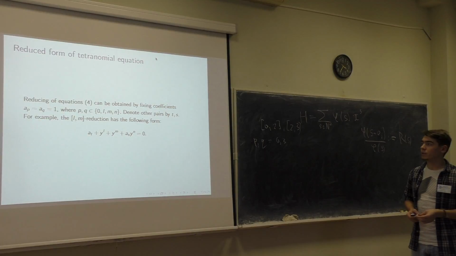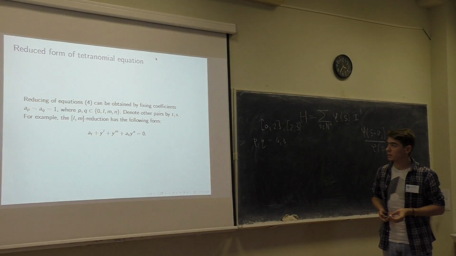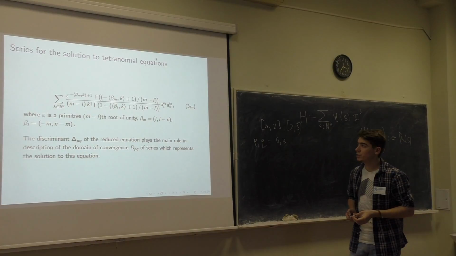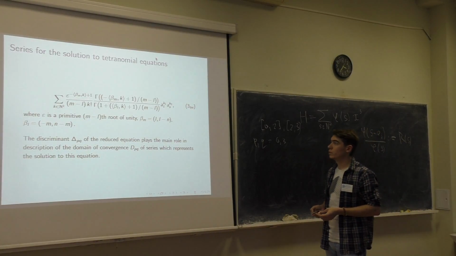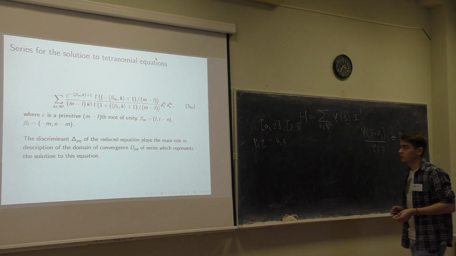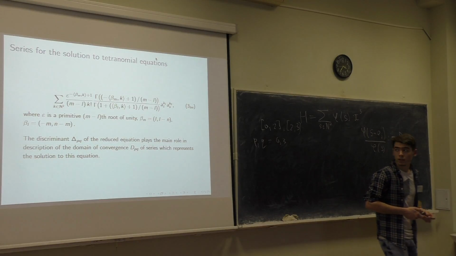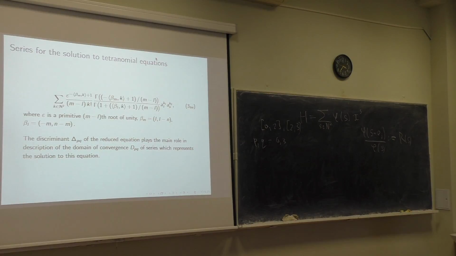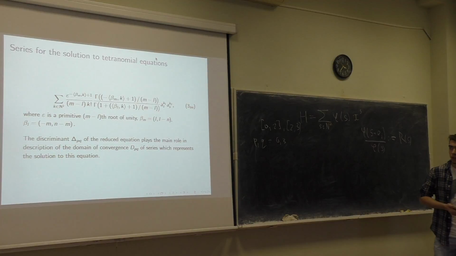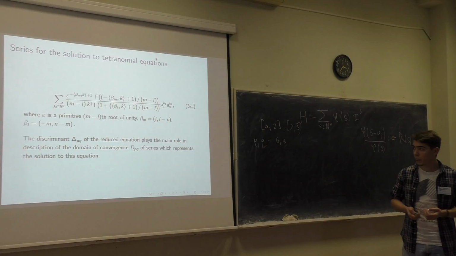We fix any two coefficients, and the series for the solutions to trinomial equations has the following form. The discriminant of the reduced equation plays the main role in the description of the domain of convergence, because the singularity set of the algebraic equation is, as I said, defined by its discriminant.